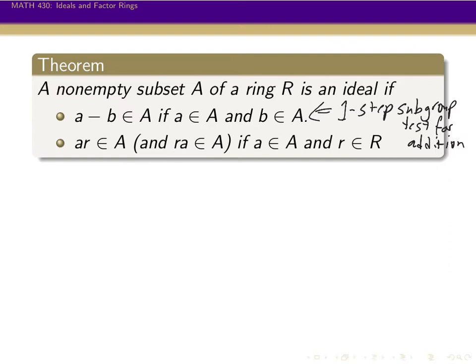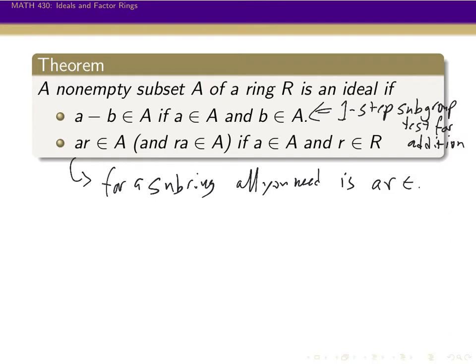The difference between this and a subring is that for a subring, all you need is for ar to be in A if both a and r are in A. Loosening the restriction on r, saying that r can be anything in the ring, is a much stronger requirement on ideals.